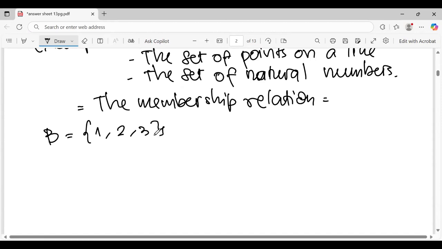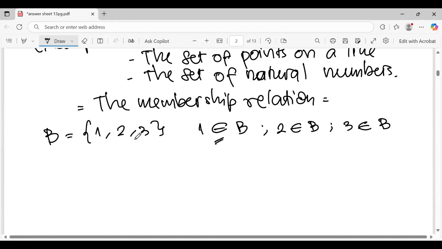So one, two, and three are members of this set B. So we can state that one is an element of B, two is an element of B, and three is an element of B. This symbol is the symbol of elements.